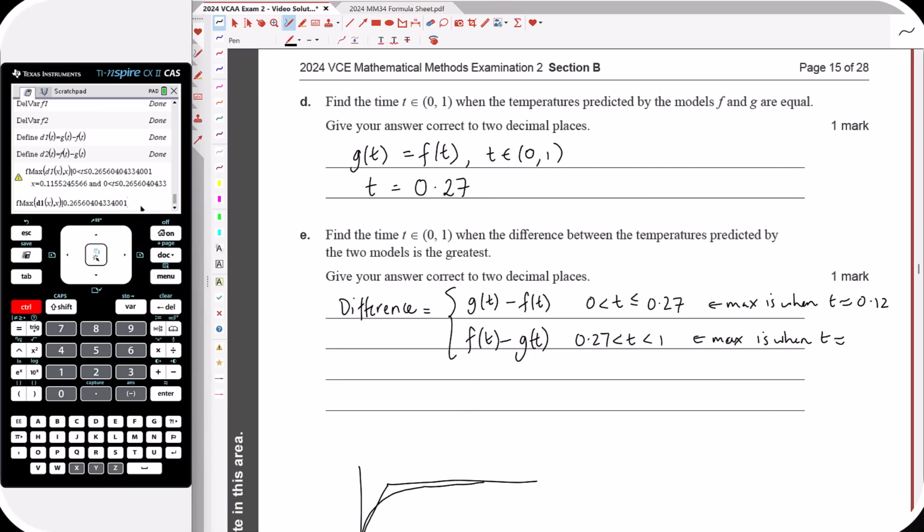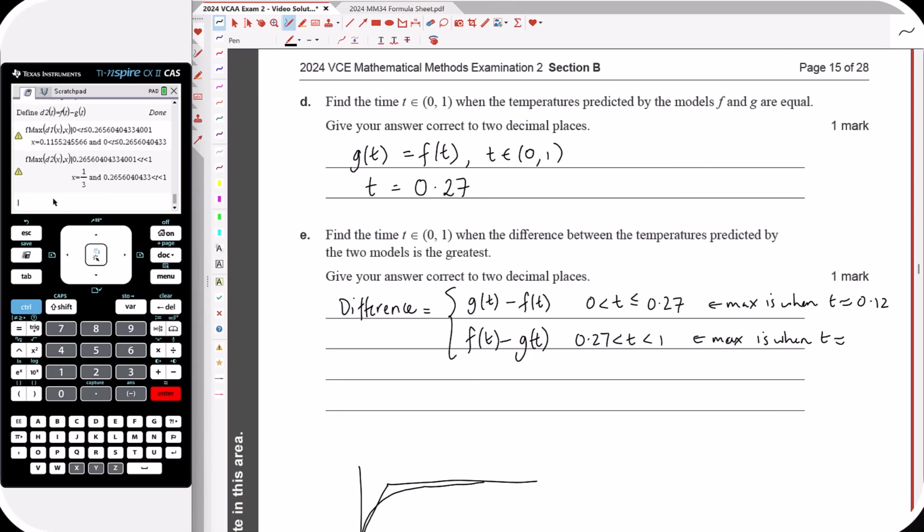Change that. So that's when t is less than 1. And this time we want d2 over this domain. And that happens when t is a third.